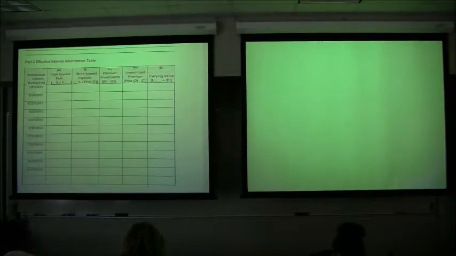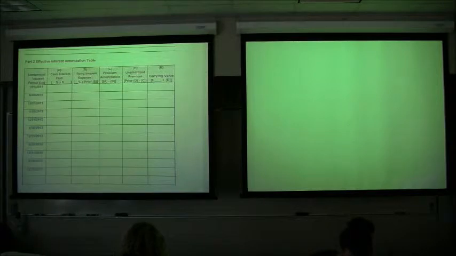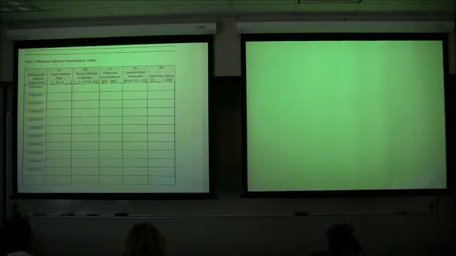Okay, so what we'll do now is 14-5B, on page 589. So here's how it works.